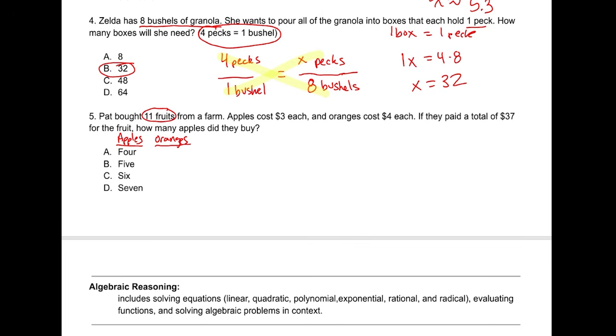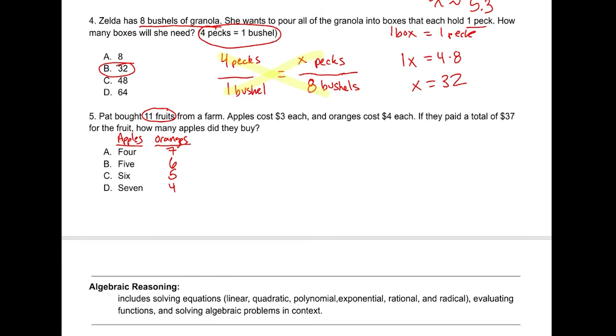So if Pat bought 4 apples, 11 minus 4 would be 7 oranges. If Pat bought 5 apples, then Pat must have bought 6 oranges. If there were 6 apples purchased, there'd have to be, not 7, but 5 oranges. And if 7 apples were purchased, then there'd be 4 oranges.